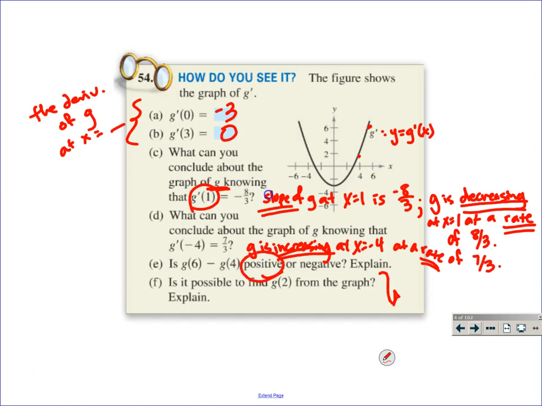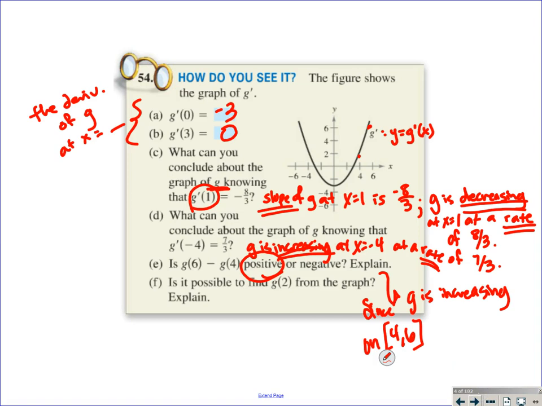Why? G is increasing. We could say since, because we're snazzy like that, since G is increasing on the interval 4 to 6. Now, how did I know that? It was indicated by, how did we figure out G was increasing on 4 to 6?